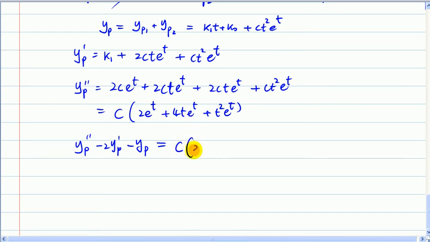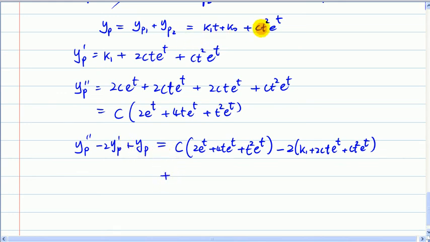That's yp double prime here, and 2yp prime over here, and minus yp is over here.